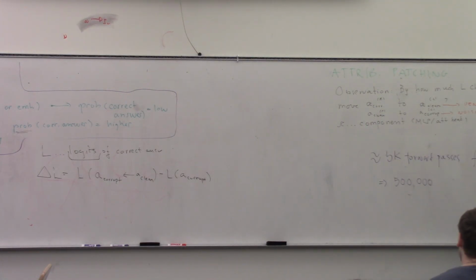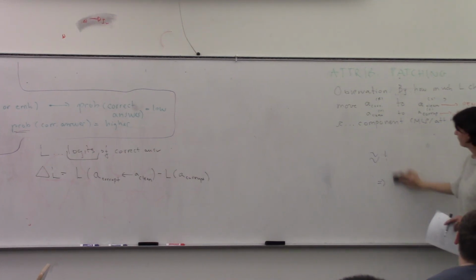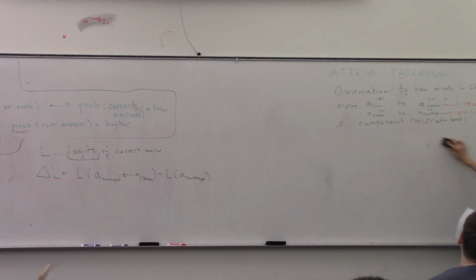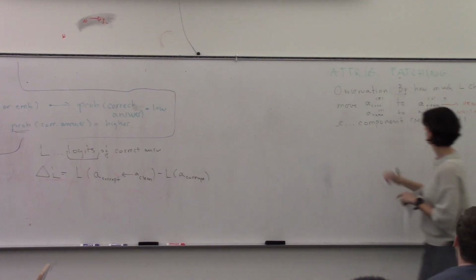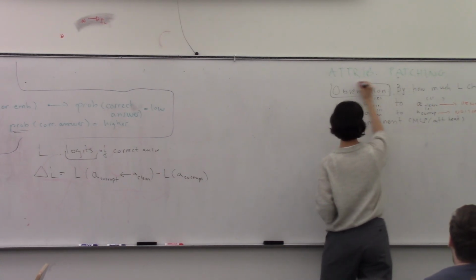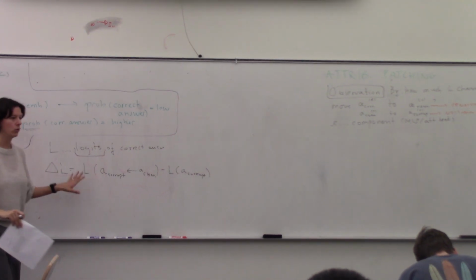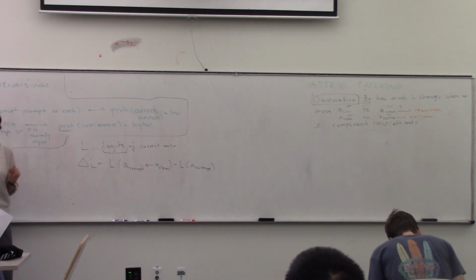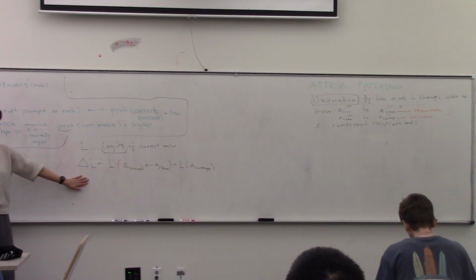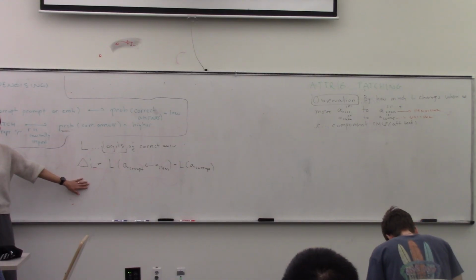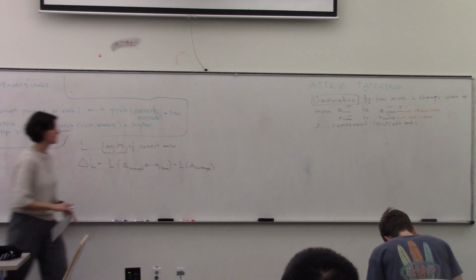Okay, so now we're trying to approximate how to measure this change without actually fully doing all these forward passes. So that's our goal. Basically, calculate this change, approximate this change without running all of these forward passes.